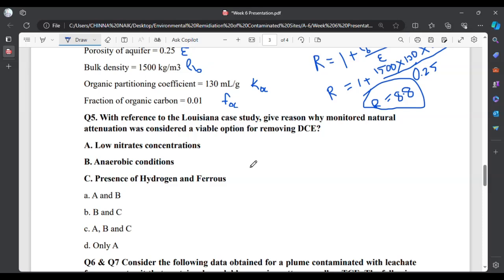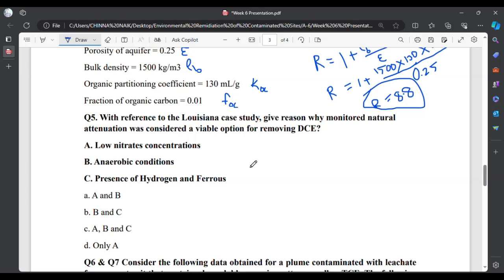As we discussed earlier, in an aerobic process oxygen acts as the electron acceptor. But in an anaerobic process, nitrates will act as the electron acceptor if there is any nitrate present. Similarly, ferric, Fe3 plus, also acts as an electron acceptor when there is no oxygen.